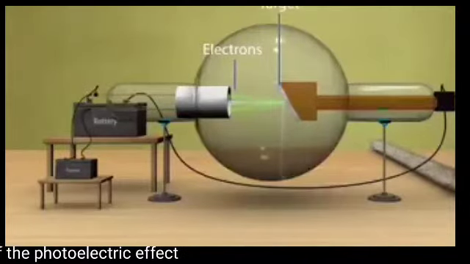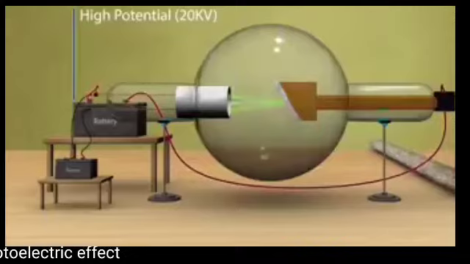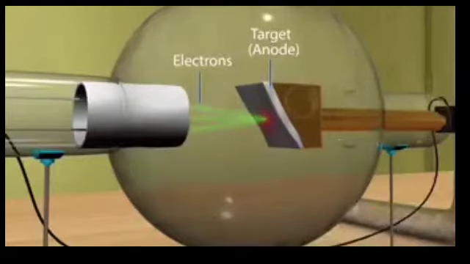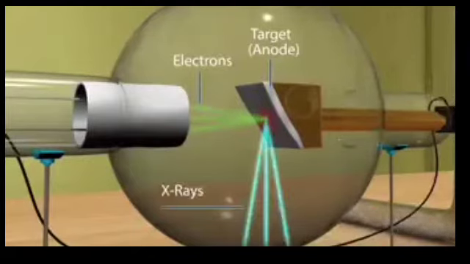As a result of this, the electrons will strike the metallic target, and this will cause part of the energy of these electrons to be absorbed by the target, and the remaining energy will be converted to X-rays. So that is how X-rays are produced.